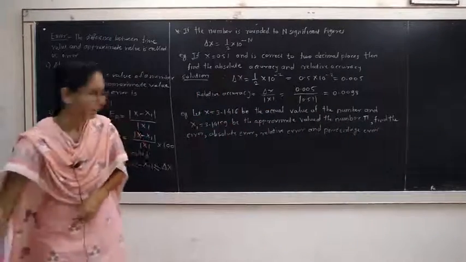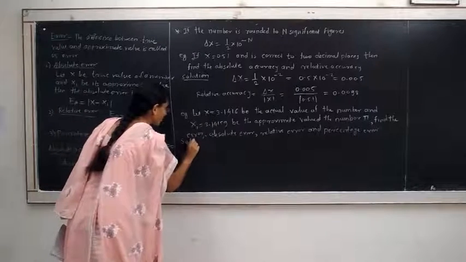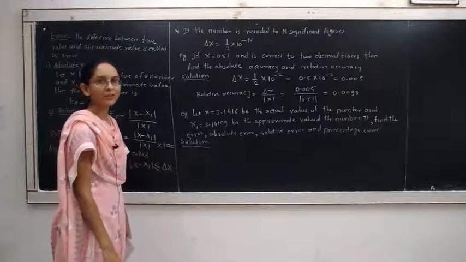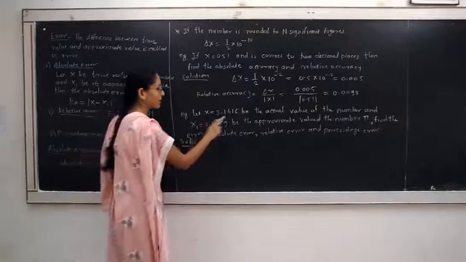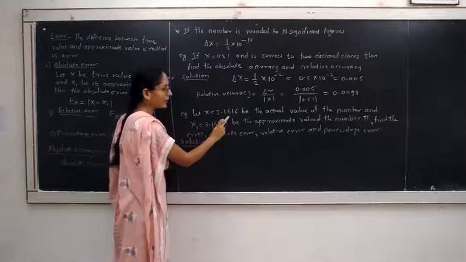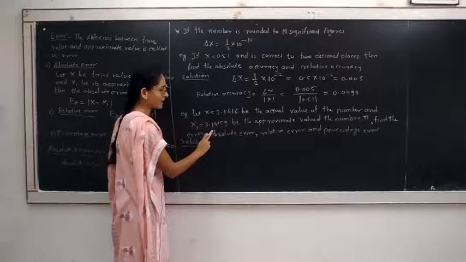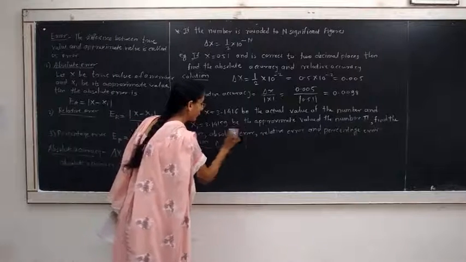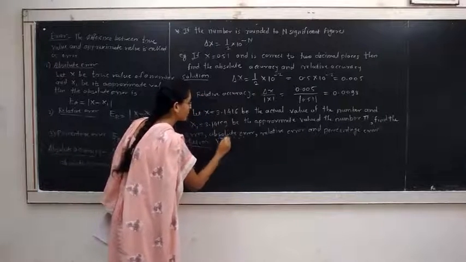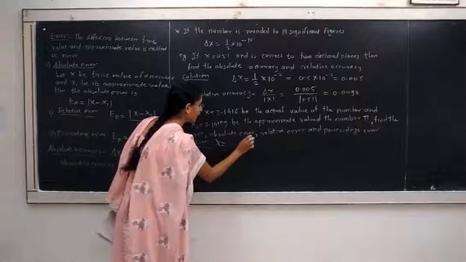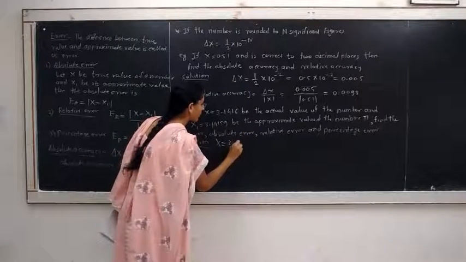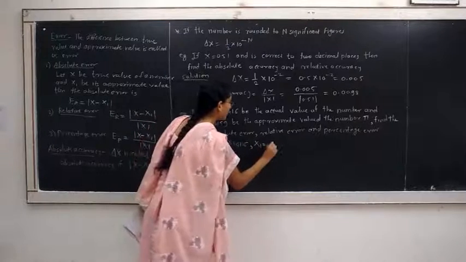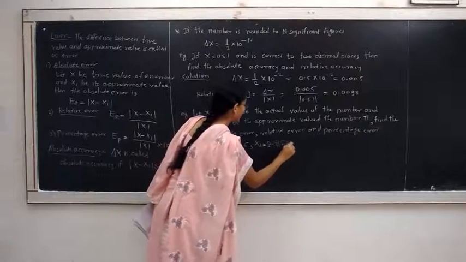Solution. Error is the difference between the true value and its approximate value. The actual value is the true value of pi, and this is the approximate value. Therefore, the value of x is the true value 3.1416, and x1 is the approximate value 3.14159.